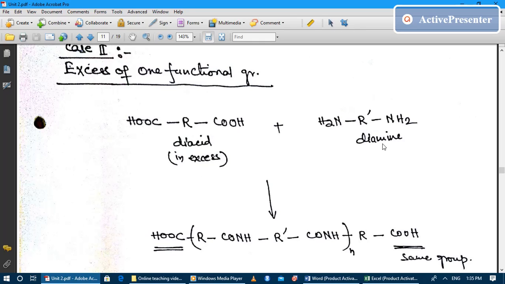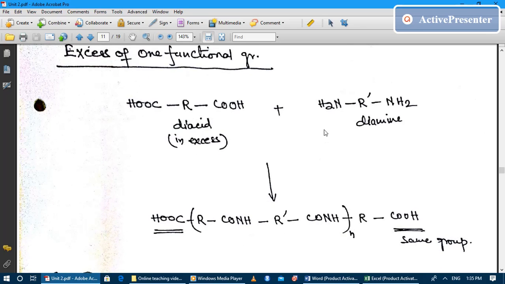Means if diamine is 1, then diacid is 1.01 or 1.02, like that. So this is a case of diacid reacting with diamine, so this is going to form amide, NHCO.